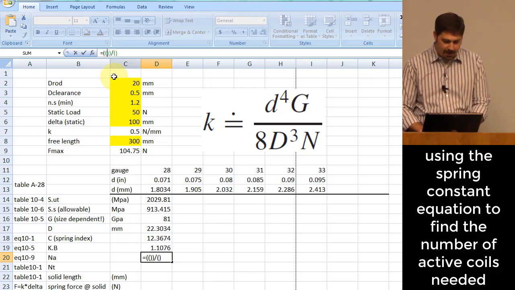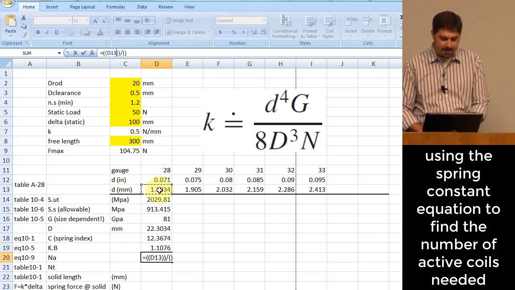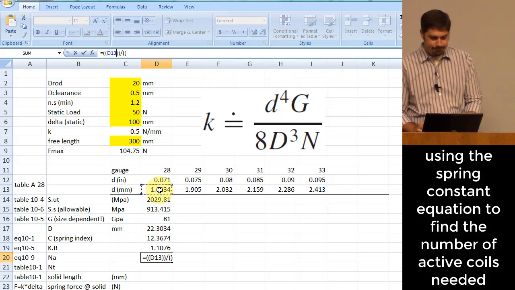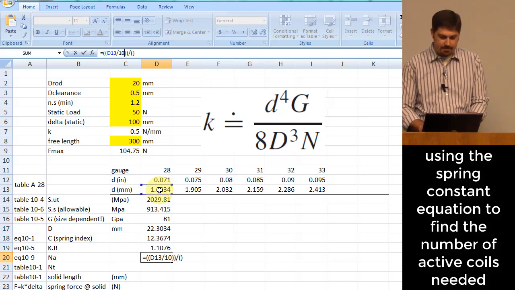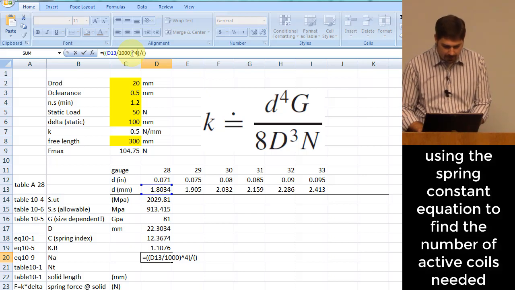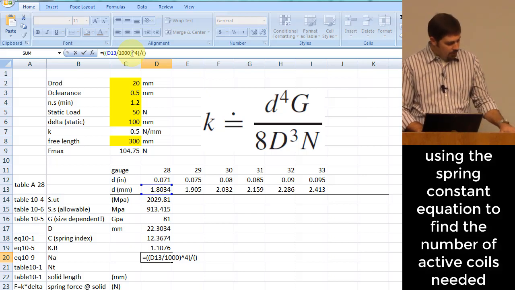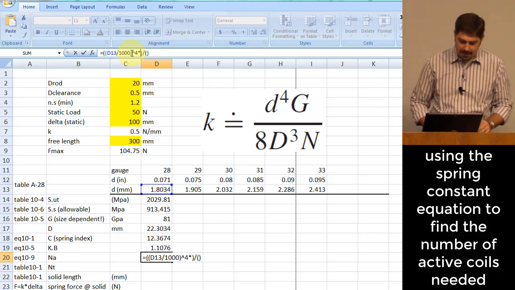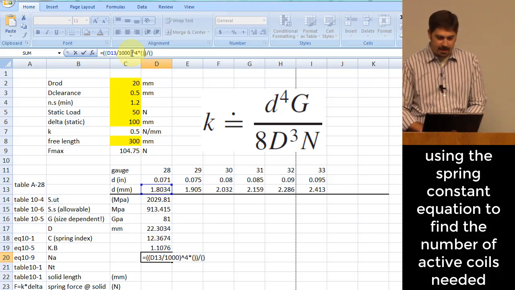The diameter that I have is in millimeters originally, right? So what do I do to get that into meters? Divide that by 1,000. And then that number is taken to the 4th power. We're going to take that and multiply it by the G value that we have, right?